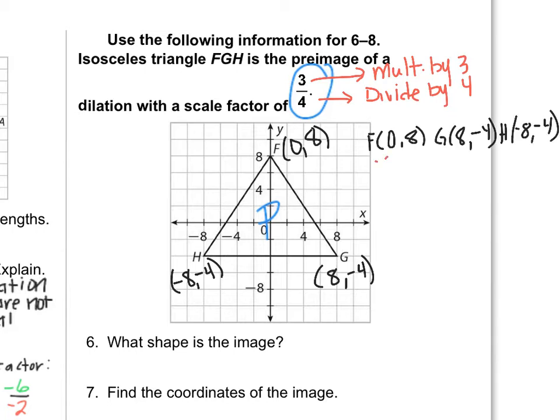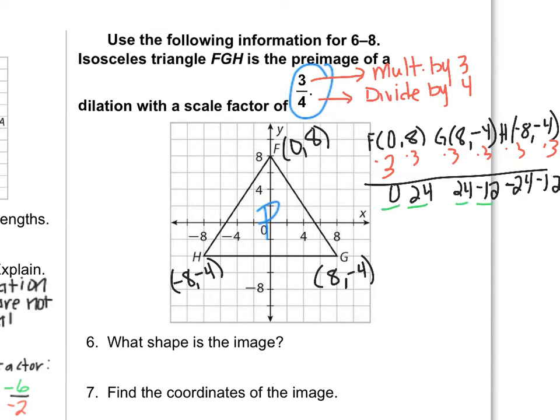So we're going to multiply by 3 on each one. So you will end up with 0, 24, 24, -12, -24, and -12. Then when you're done with that, we're going to divide everything by 4.